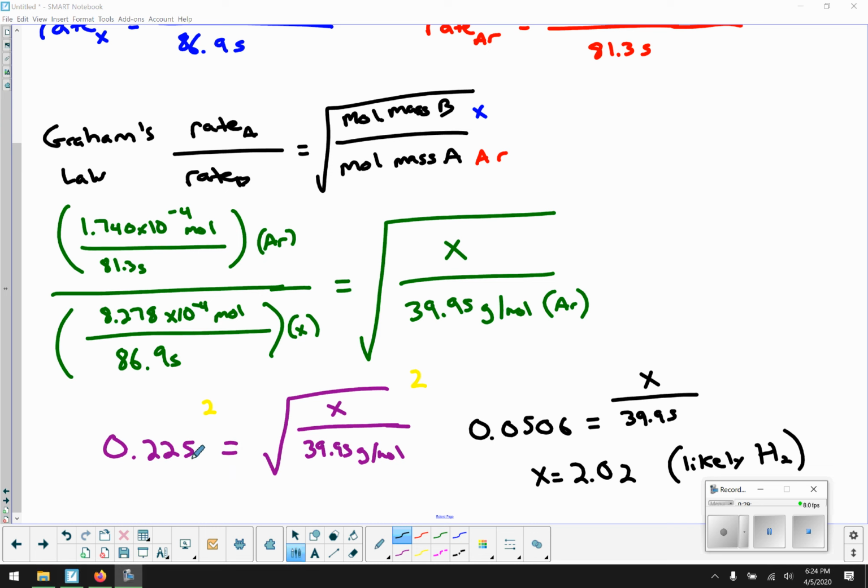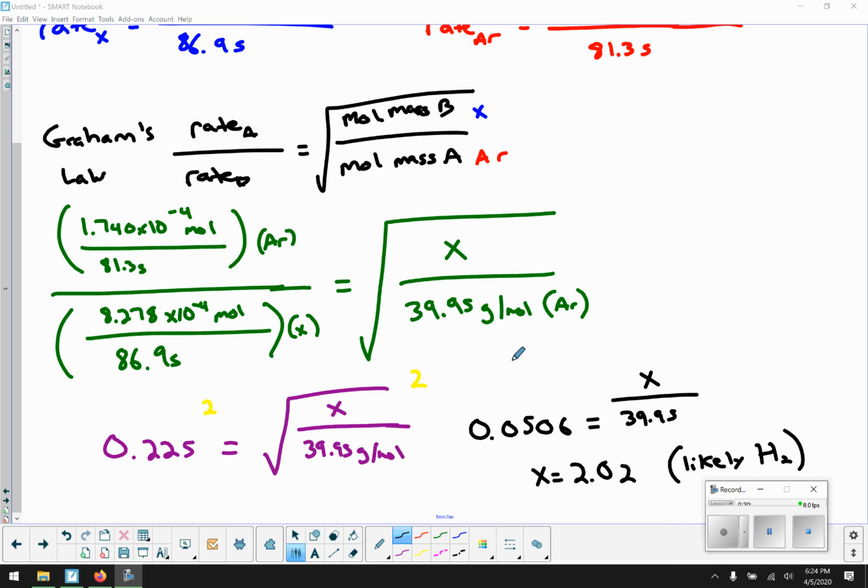And so 0.225 equals the square root of X divided by 39.95. I have a square root there, and I don't want my unknown under a square root. That's a pain. To get rid of a square root, all you do is square both sides. So that's why these two yellow 2's are here.